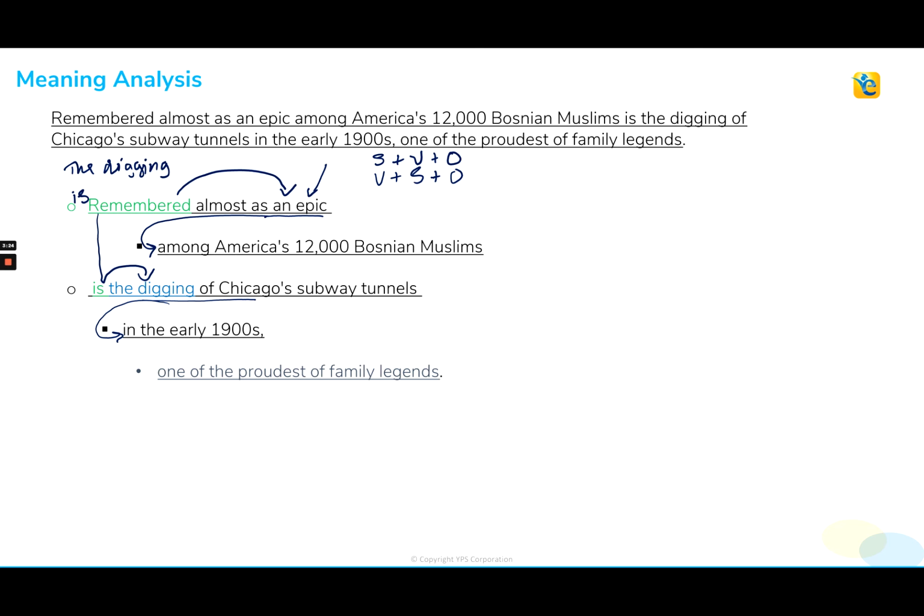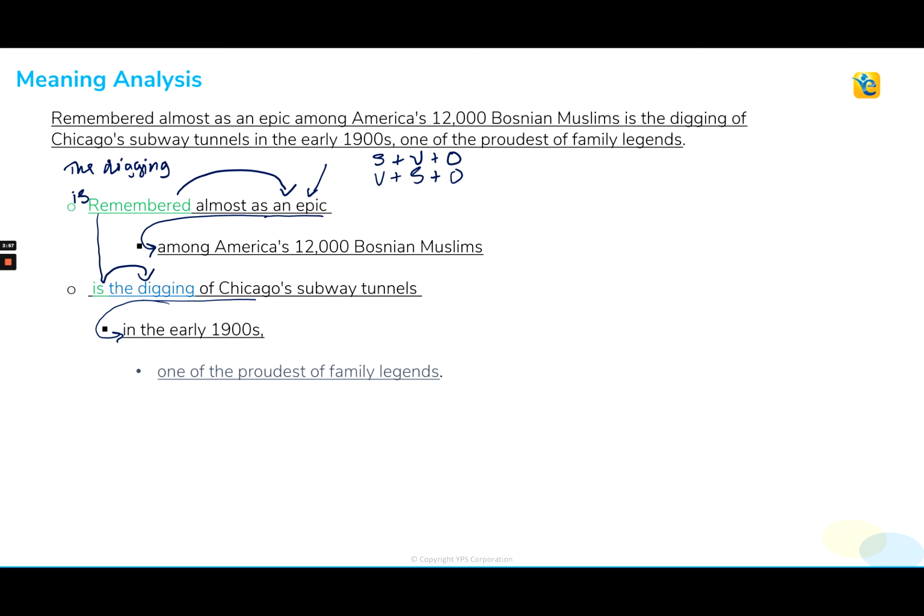The very nature of an epic is that it is a story coming down from the past. And the subjects of epics are heroic persons or events that inspire legend. Thus, the subject of a legend could possibly be the digging of these tunnels. But the act of digging alone is not going to be an epic. So the meaning as it's presented is completely illogical.